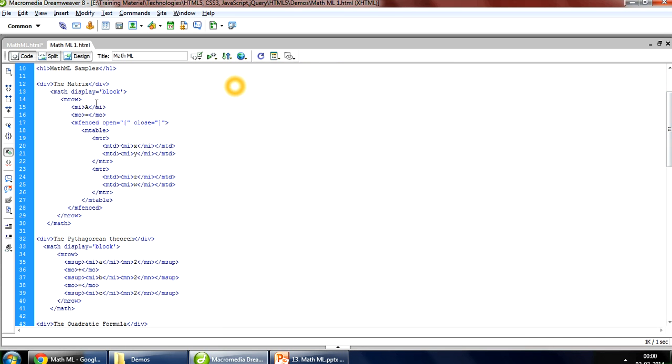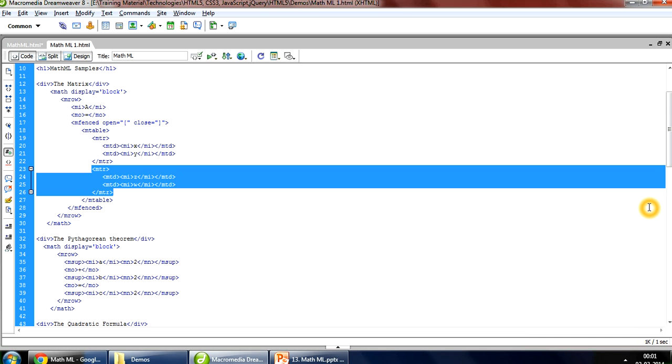For the matrix, I want a equal to, so I have written mi and then mo. Then a kind of a table, I want it to be fenced, so I did the square brackets, open and close. After that, I want a table type of thing, so mtr and mtd for this. mtr is for the row, mtd is for the cell of that particular math table.